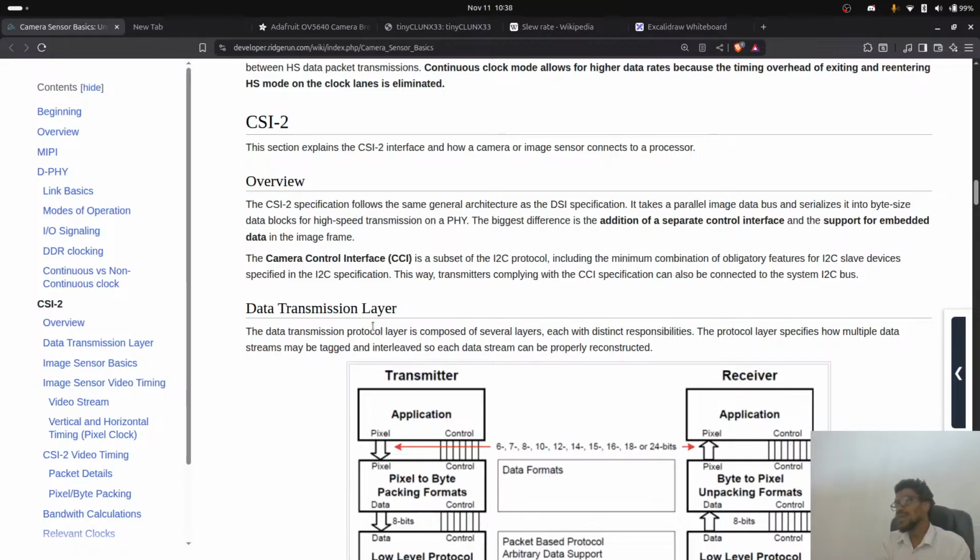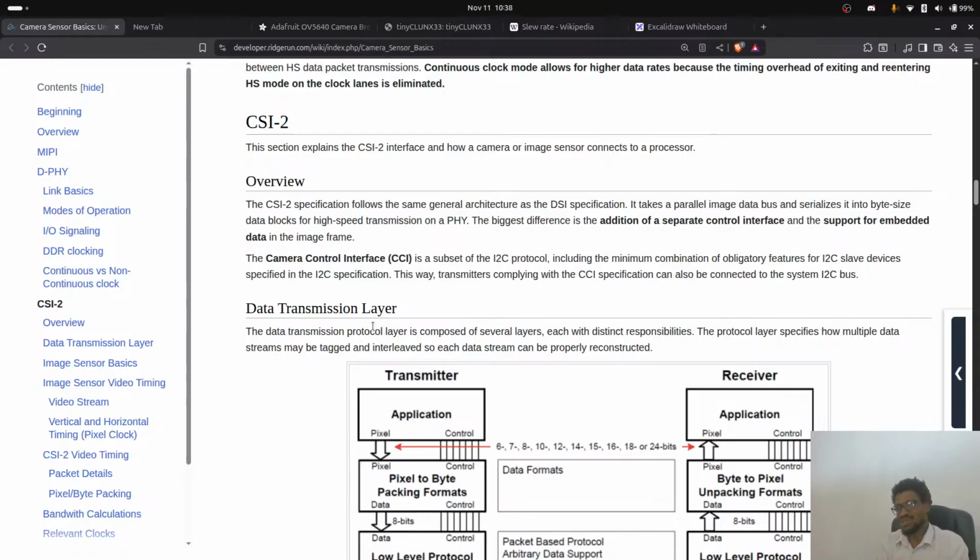So basically, what it's saying is the CSI interface allows us to have a control interface. It's not just the data, just the parallel lines. It also allows you to have a control interface, and usually this is via I2C or SPI.